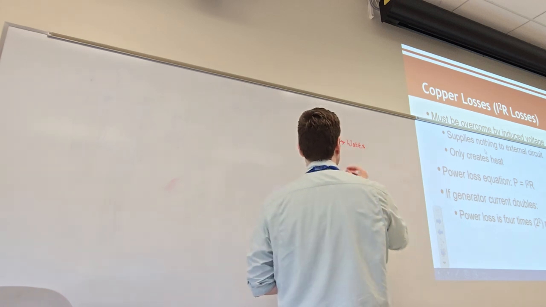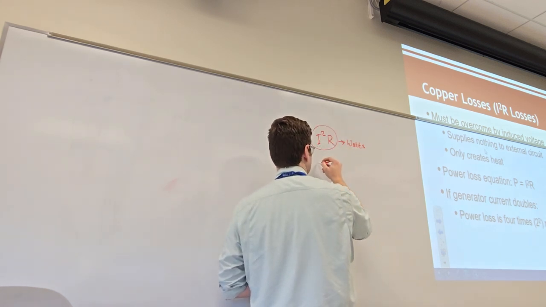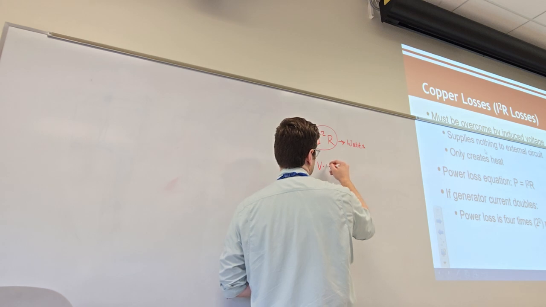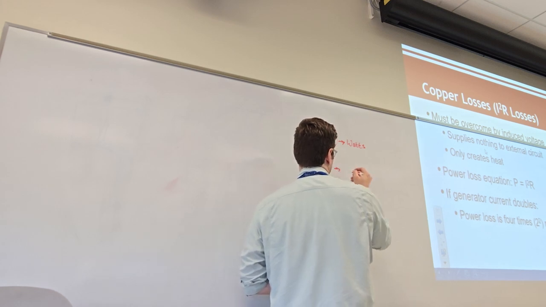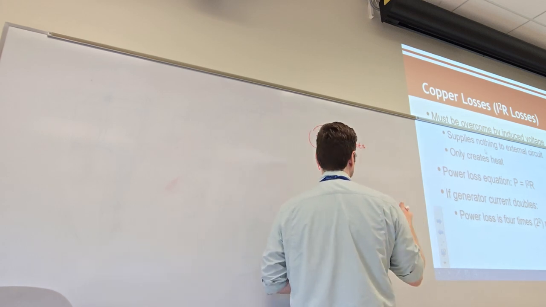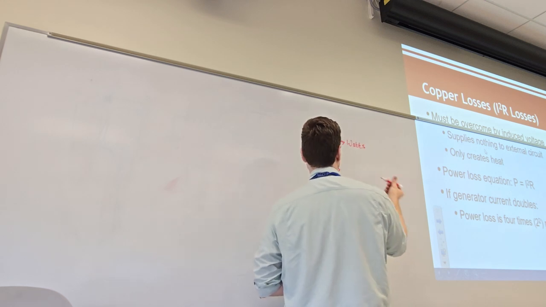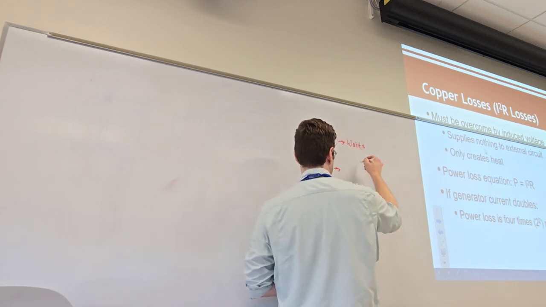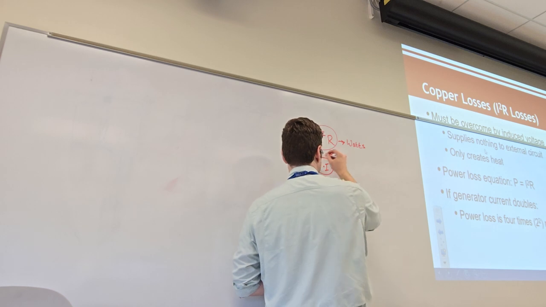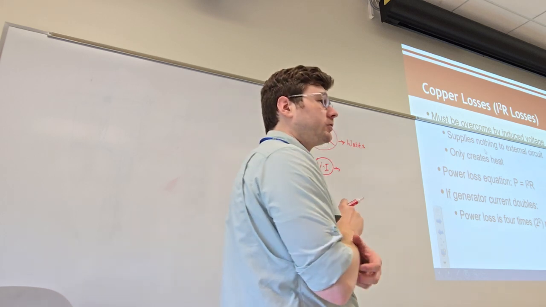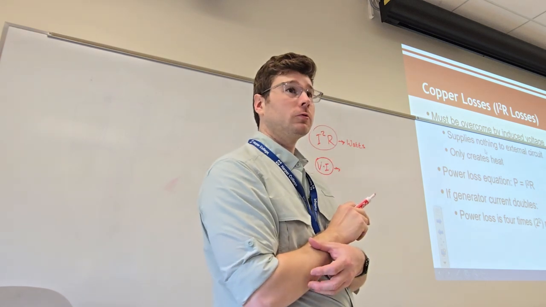Remember, this is power, and the other equation that we very often use for power is V times I, right? This is when you want to know like how much power your LED strip is taking, or how much power your wall wart could supply. This is most often what we use when we want to calculate watts, volts times amps.